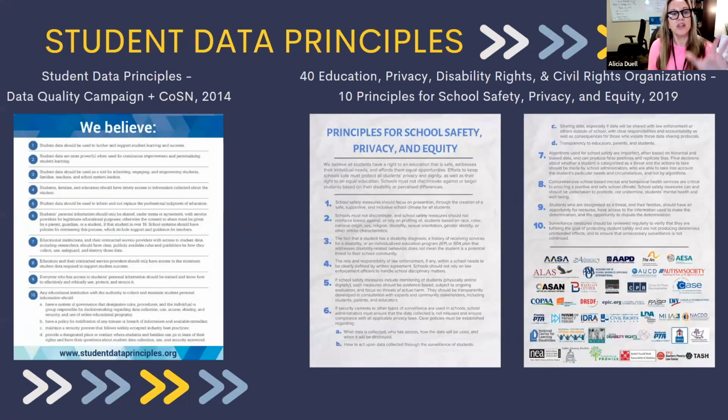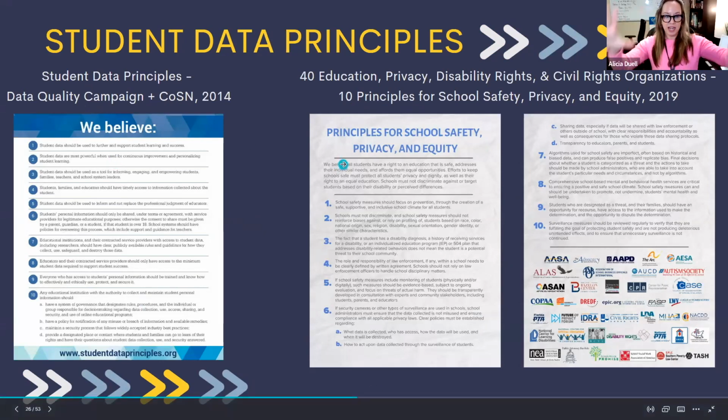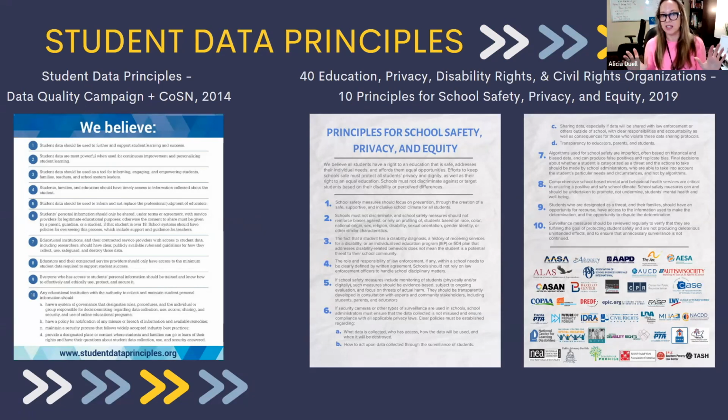This is kind of for your reference. There are 2 different 10-point statements that I found that are great if you're a district wanting to adopt some data principles. These are great places to start. This one on the left was made by COSN and the Data Quality Campaign. It's 10 statements of belief regarding student data privacy and ethics.